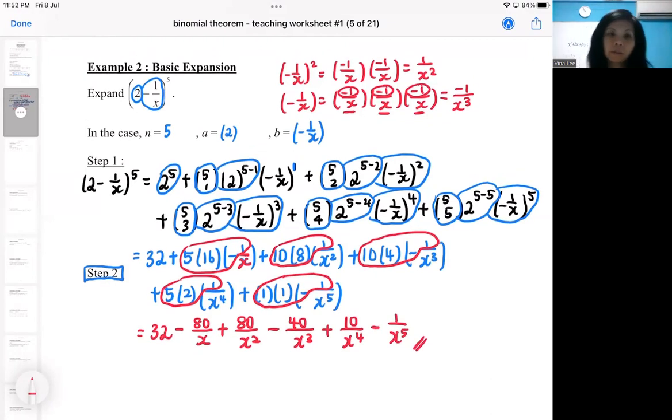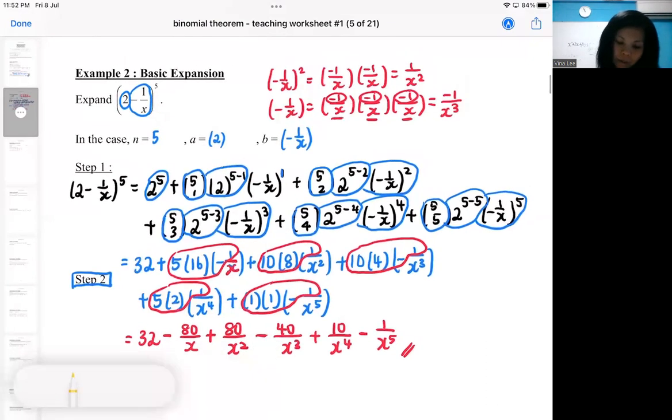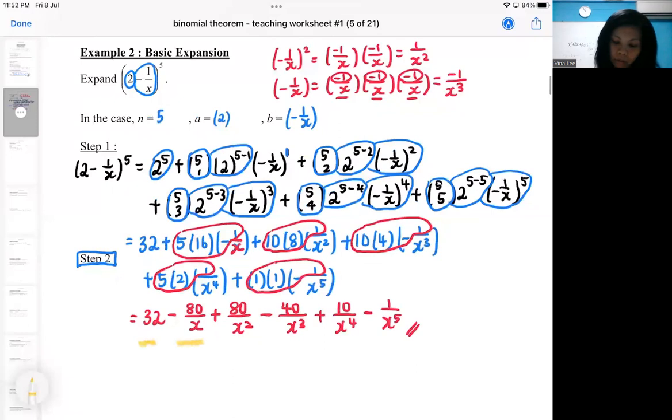So let's observe, this is power 5. Do we have 6 terms? 1, 2, 3, 4, 5, 6. And we have some pattern in x. The x is in the denominator, but we still see a pattern. You will see x power 1, x power 2, x power 3, x power 4, and x power 5. So there should be a specific pattern.